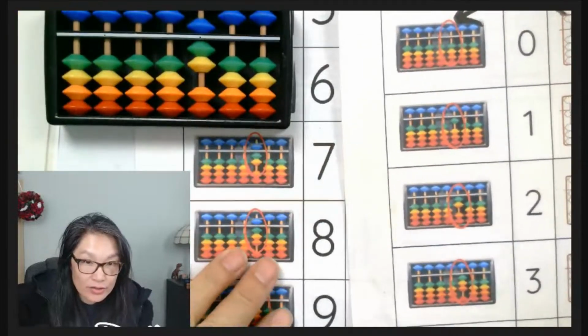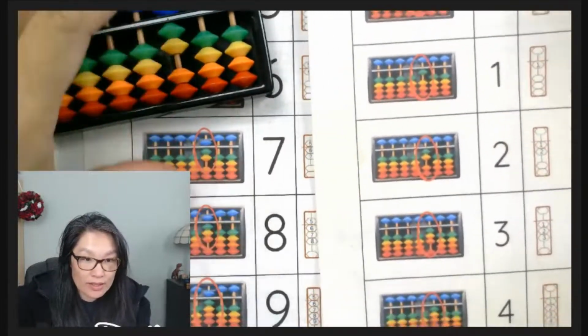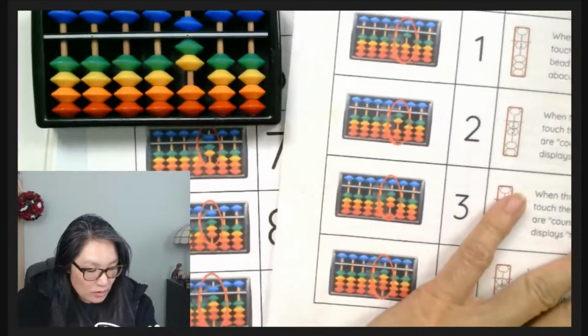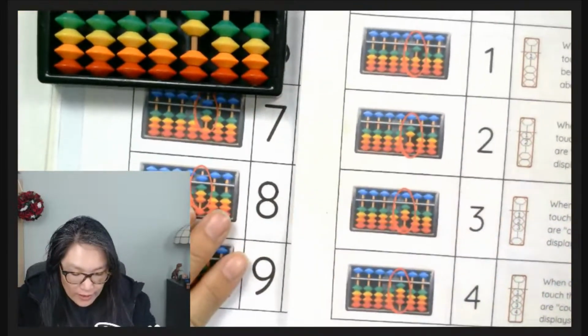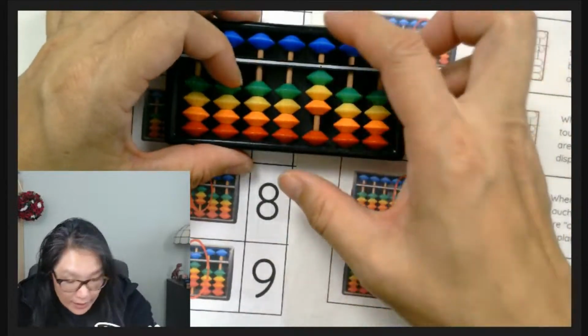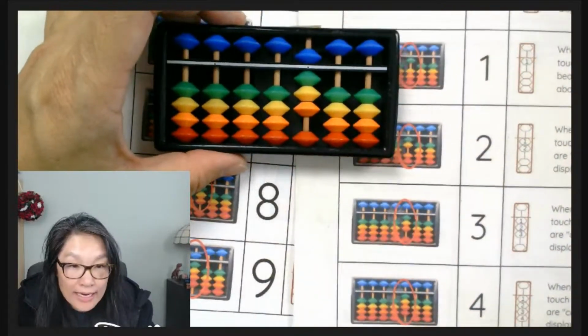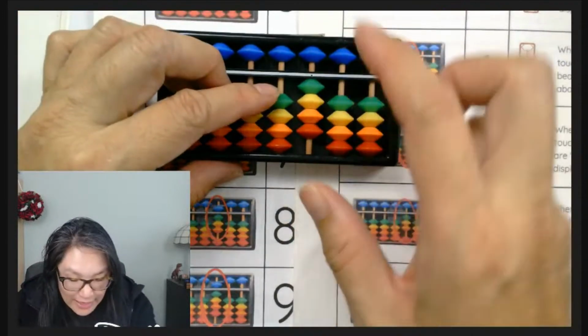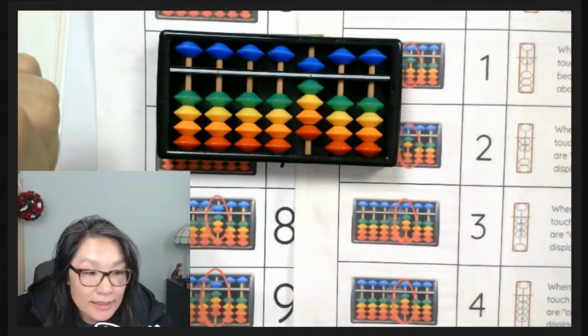Let me see. Can I do this? Yeah. Okay, good. So then when we have three and I add the five, we have eight. And if you notice, if I have four and I add the five, now I have nine.